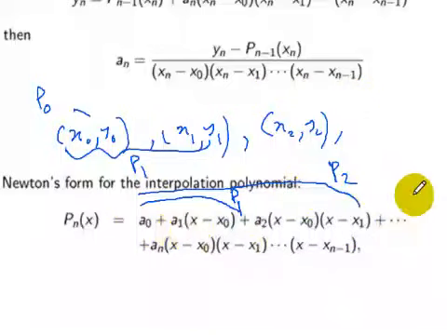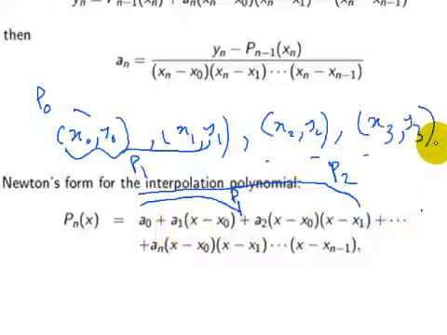I keep doing this, or you can add many points. You can add another point, x3, y3, then you get p3. We keep doing this recursively until the last point, xn, yn.